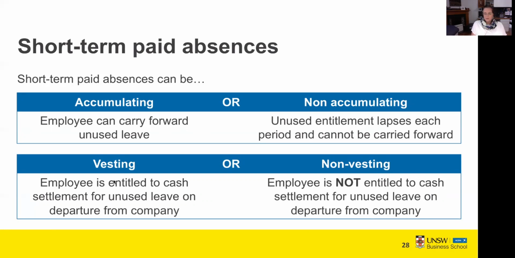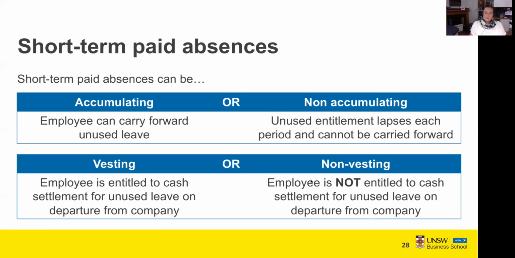So if I am entitled to 20 days annual leave per year, but I only take 15 days, then if the leave is accumulating, it means I can carry forward the other 5 days until next year, for example. If, however, the leave is non-accumulating, then if I don't use the leave in the current year, I do not get an opportunity to carry it forward. So accumulating leave carries forward, non-accumulating leave does not carry forward.